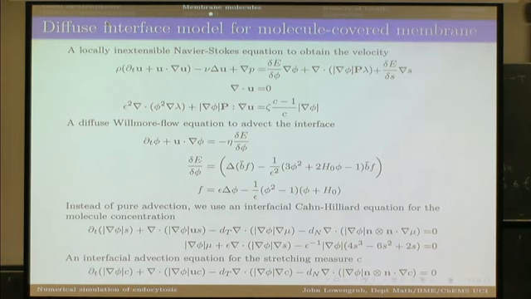And then the chemical potential is determined this way in terms of the S variable. And then we are also introducing relaxation. So we're keeping the relaxation because that's the model that worked the best. And so then we also have this equation for C. So now this is the diffuse interface model when you include these surface molecules.